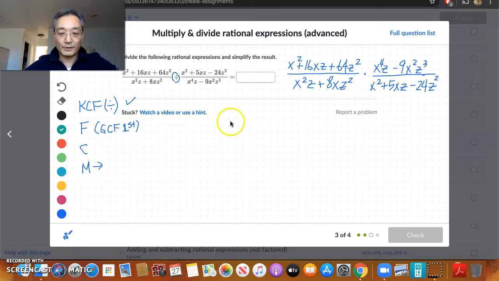And again, when we're factoring, we always look for a GCF first, and then we factor maybe into binomials and whatnot. So let's take this first one right here.